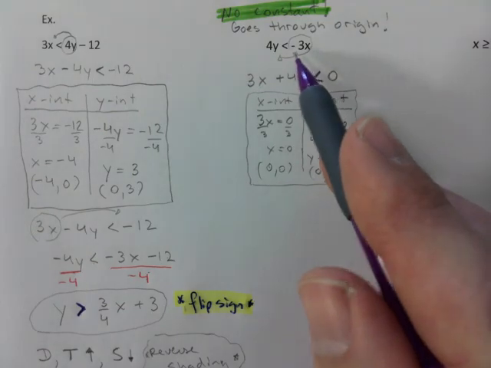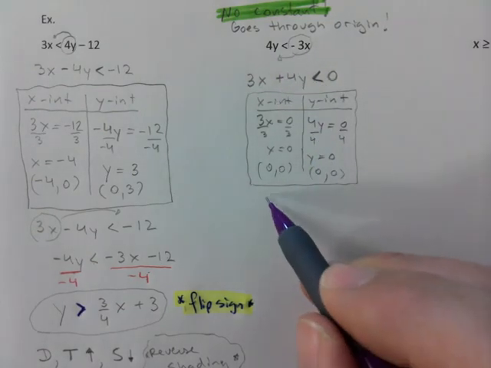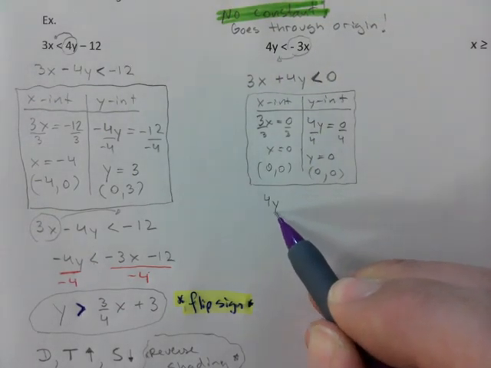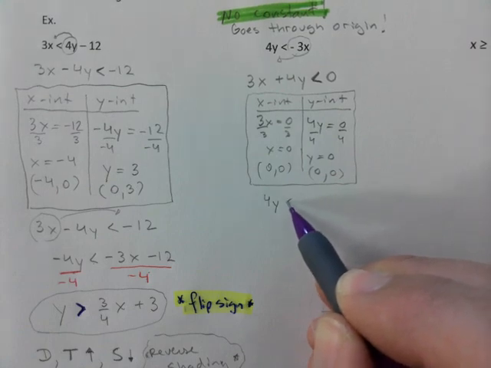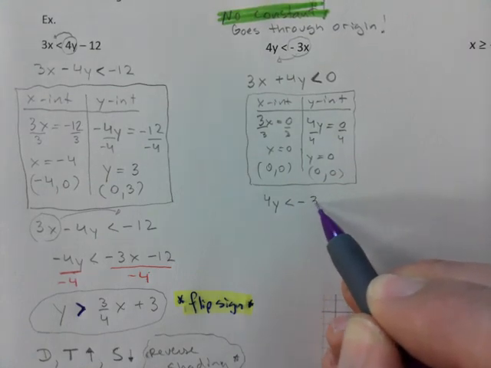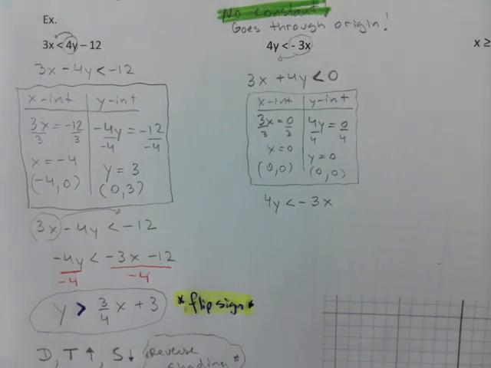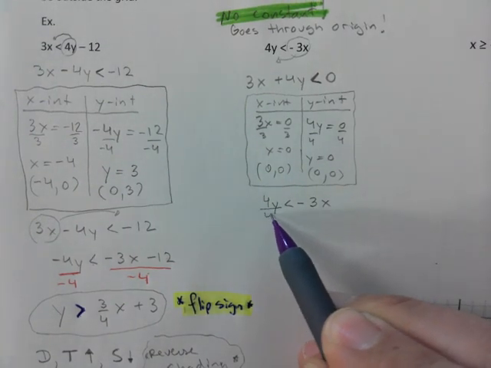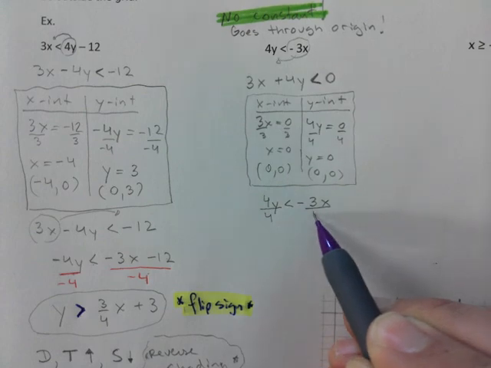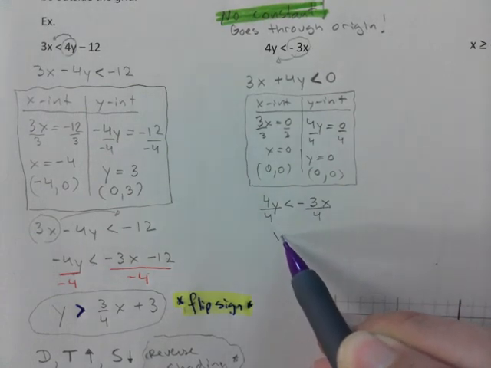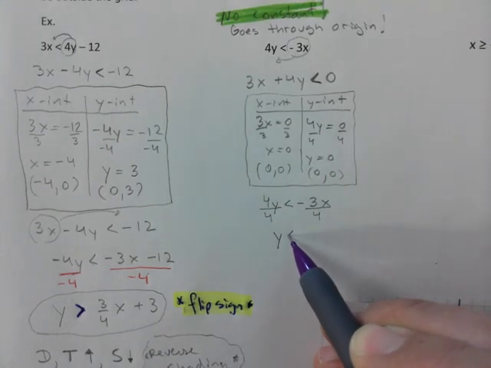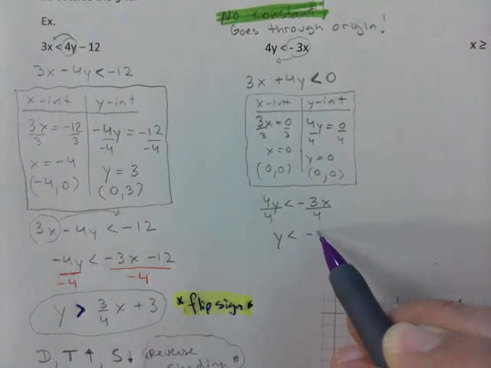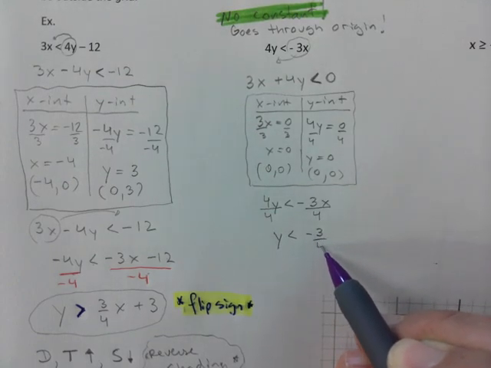We're going to go back to this one. 4y is less than or equal to negative 3x. So you're basically going to rewrite it. We divide both sides by 4. Y is less than or equal to negative 3 over 4 x.